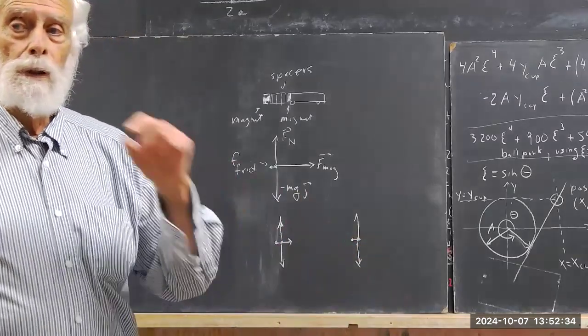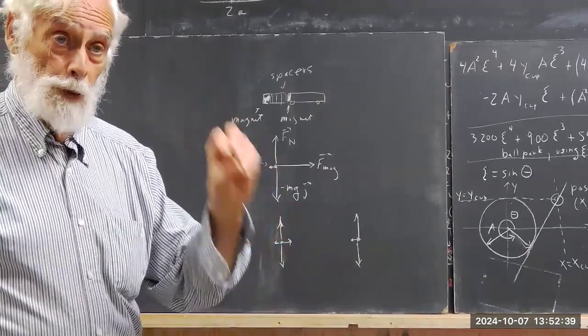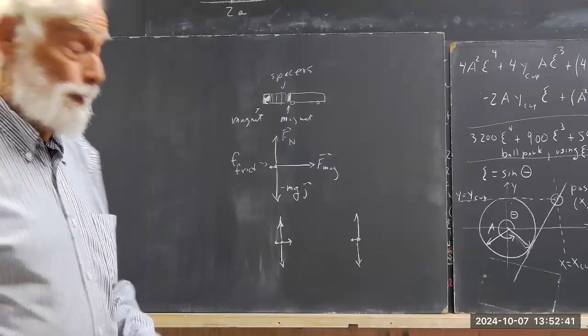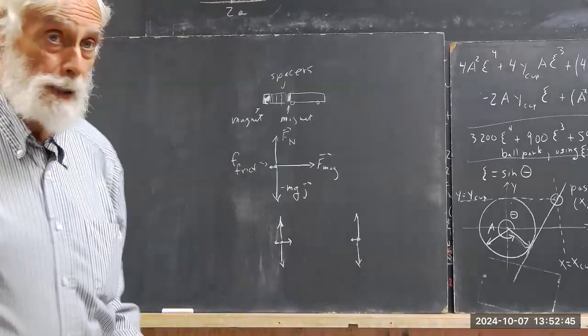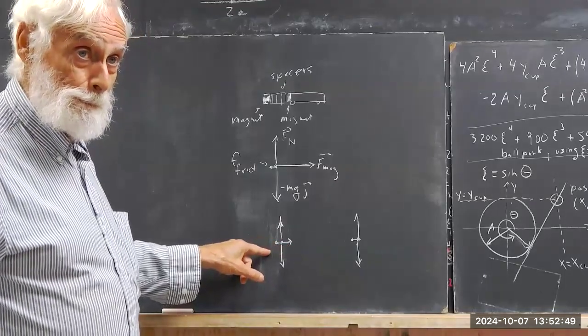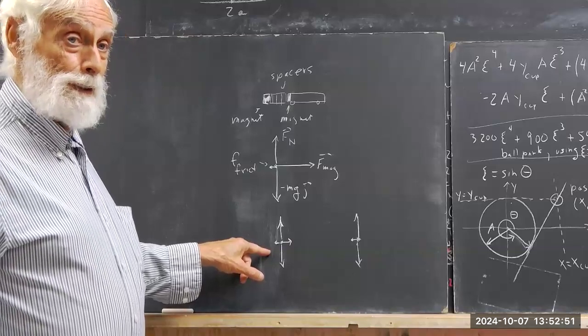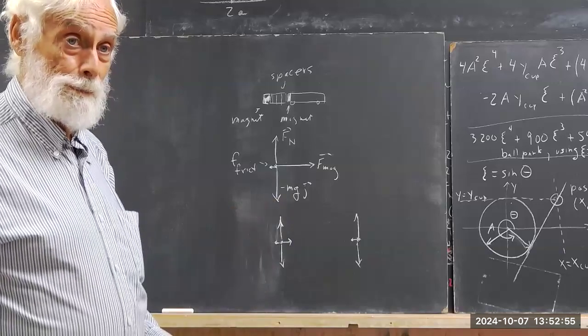That's going to be important next week, especially toward the end of the week, when we talk about energy, the energy to get out of the magnet. When this thing stops speeding up and these forces are equal and opposite, then your acceleration is zero. All the forces are in balance for one instant.